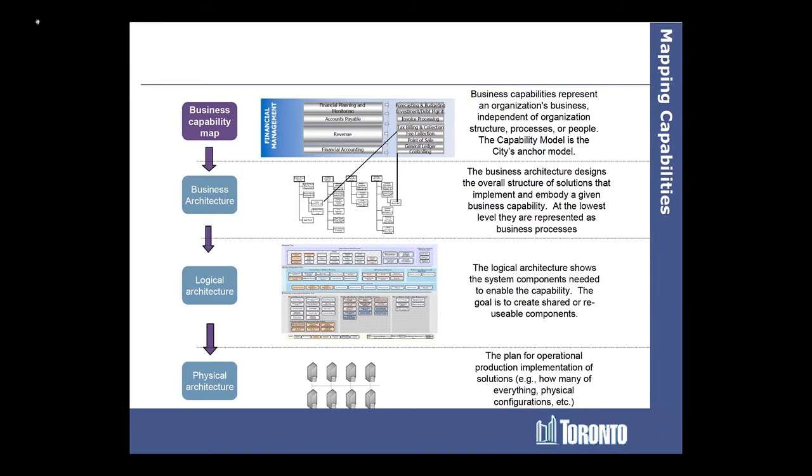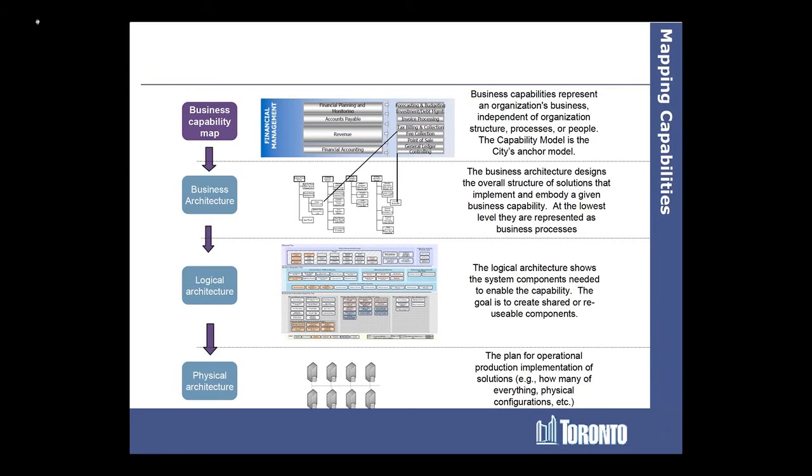We're also trying to map them down into the logical aspects of the architecture. So we can make sure that we're starting with the capability, showing an overall process or lower level process associated with the capability, and then mapping that to an actual system component needed.